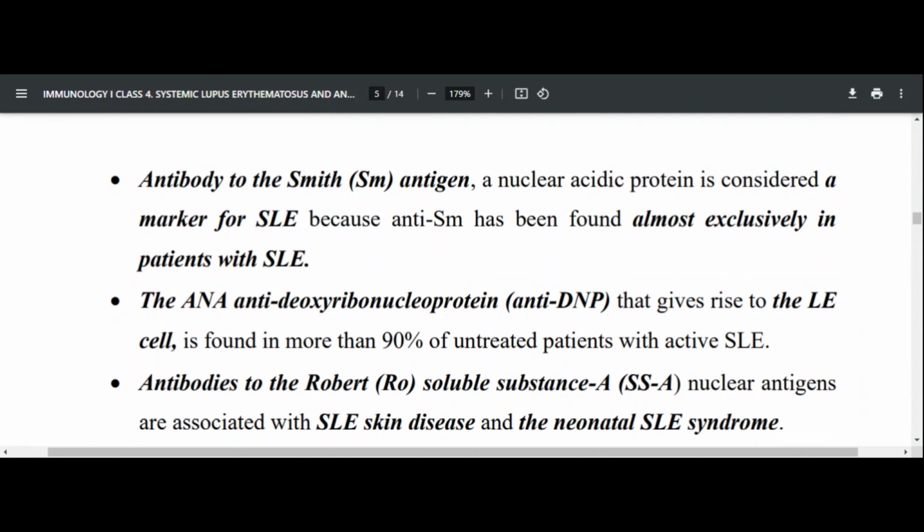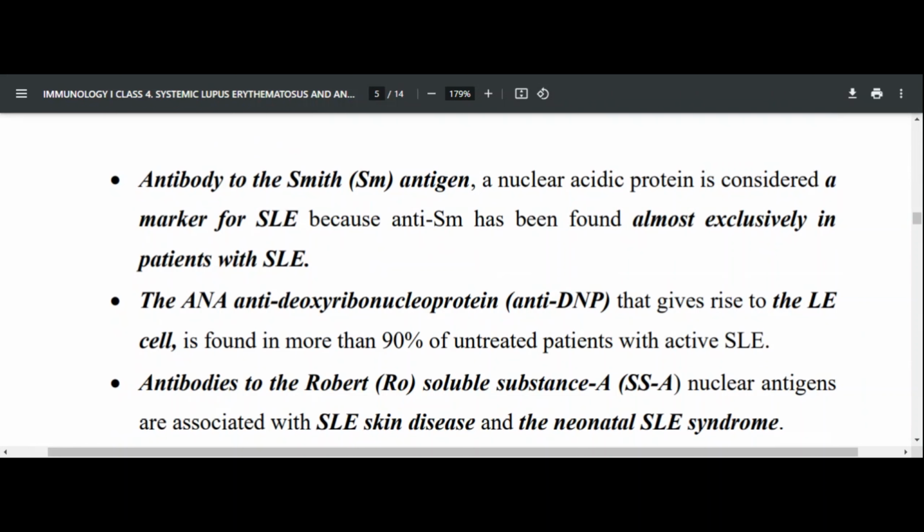This is a marker for systemic lupus because anti-Smith has been found almost exclusively in patients with systemic lupus erythematosus, which means anti-Smith antibody is a differential criterion and is characteristic of this condition.